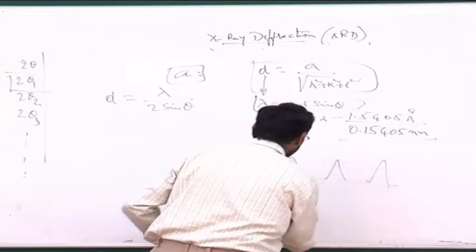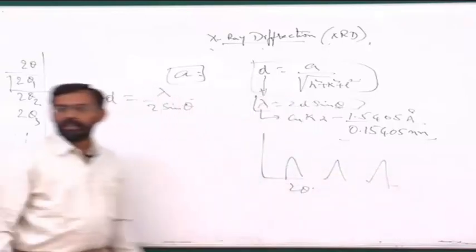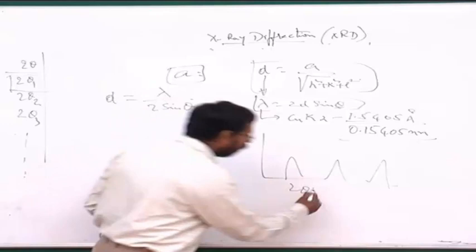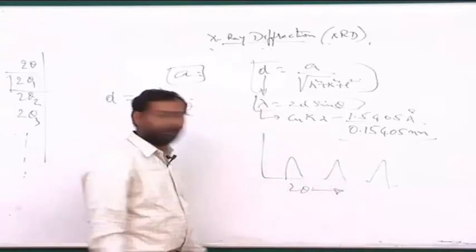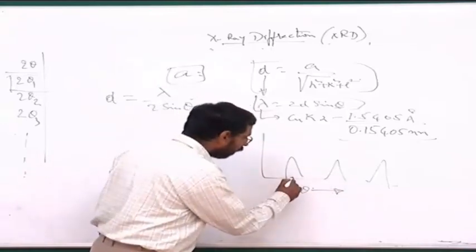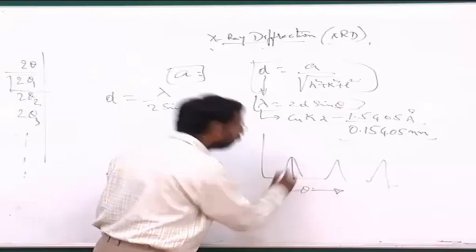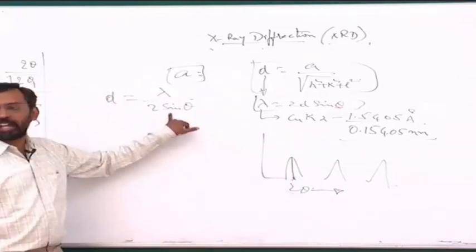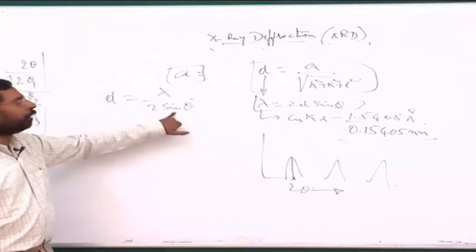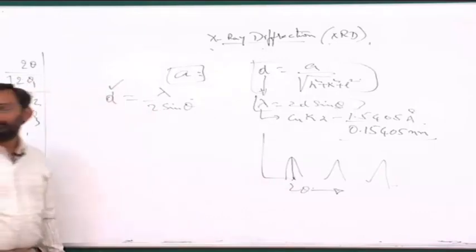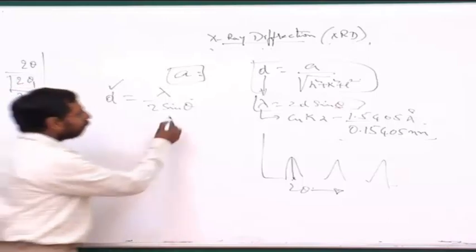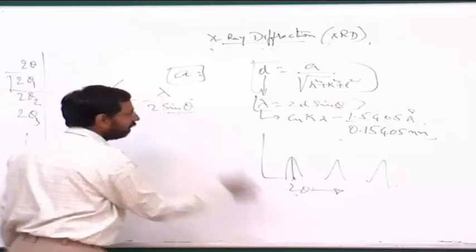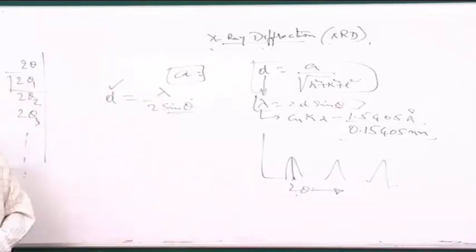I am only getting theta. My XRD pattern is always in terms of 2 theta or theta. So from the XRD pattern, for every peak I can find out the theta corresponding to that. And this theta I am converting to sine theta and then putting it into this equation and finding out the D.